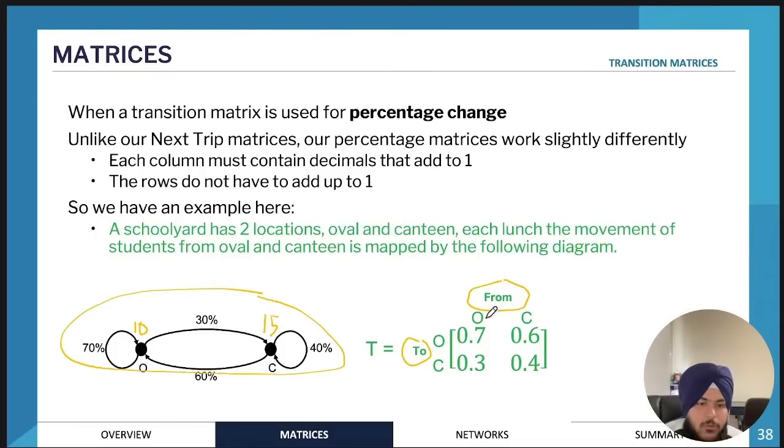I think, actually no, sorry, that makes sense. So going from C to O, it's 30%. Hopefully that makes sense, and this is how we would determine it.